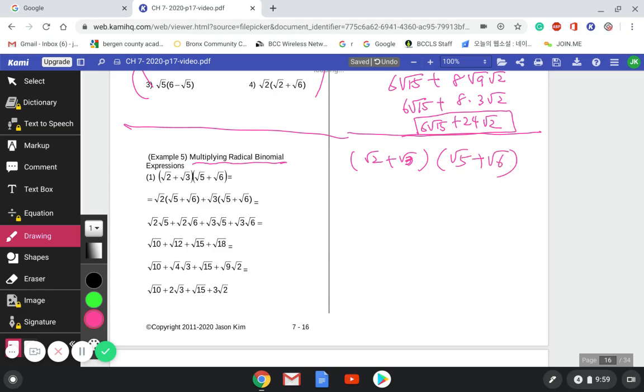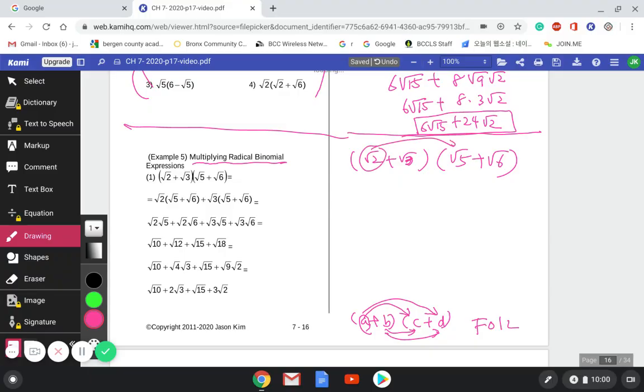When you multiply two terms by two terms, like a plus b multiplied with c plus d, you distribute with the first term and you distribute with the second term. We call this FOIL, right? This order we call FOIL. First one with the first one, first with the second, second with the first, and second with the second one in the other binomial. So we're going to apply the same concept, foiling it.